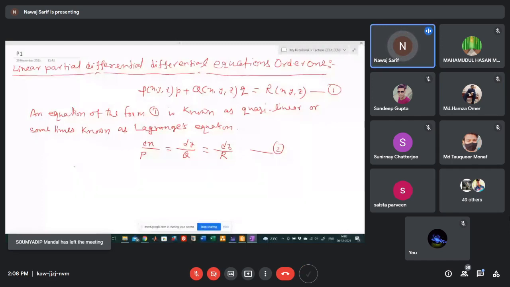So equation 2 is called Lagrange's auxiliary equation.